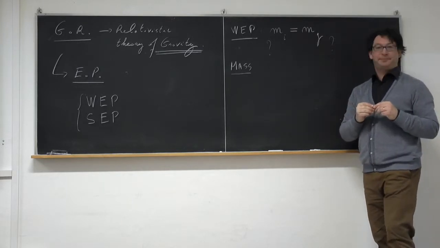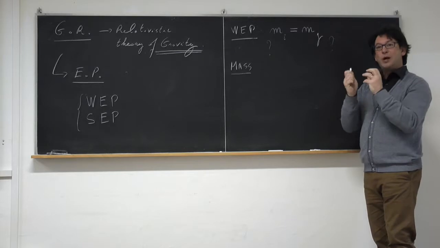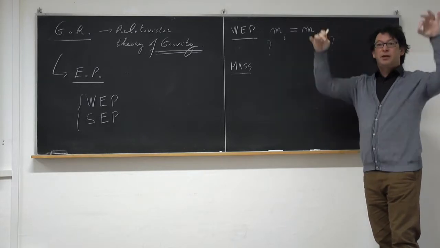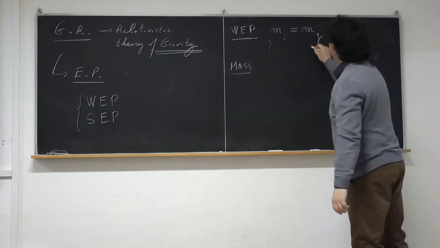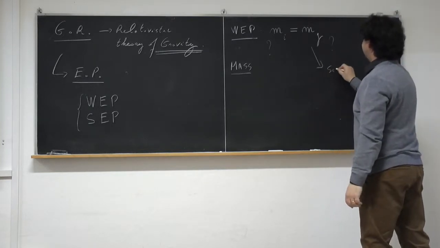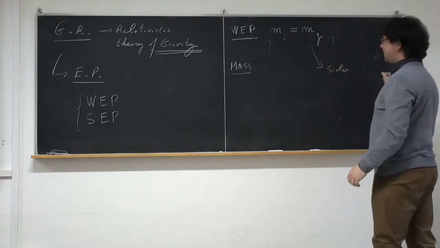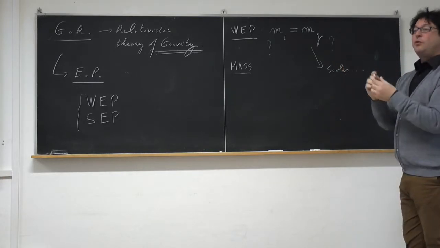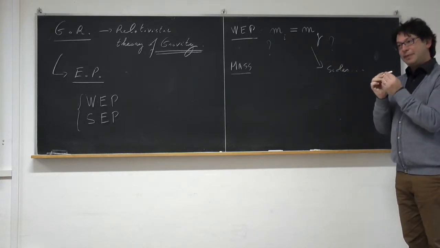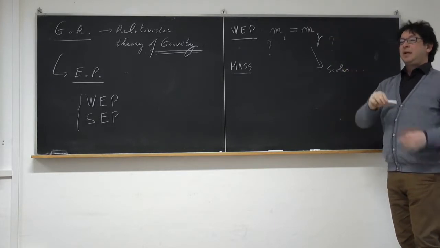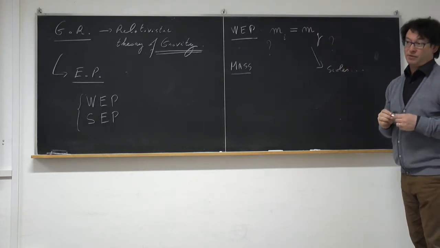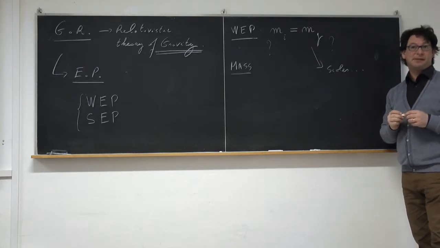Put it on the scale. Yes? So this is one way to measure mass. You put it on a scale. And so what do you measure with a scale? The weight, indeed.